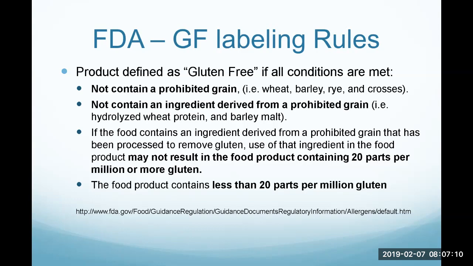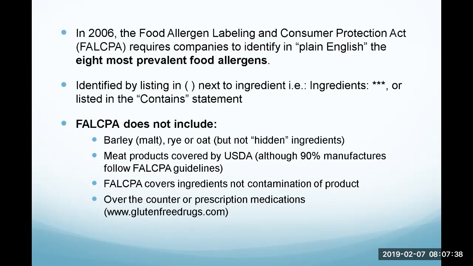They shouldn't contain ingredients derived from these grains, and if they do, then it should be less than 20 parts per million in the entire process, in the entire packed food. You can only label food gluten-free if it has less than 20 parts per million. That's the website that you can actually go into to get more information about this.